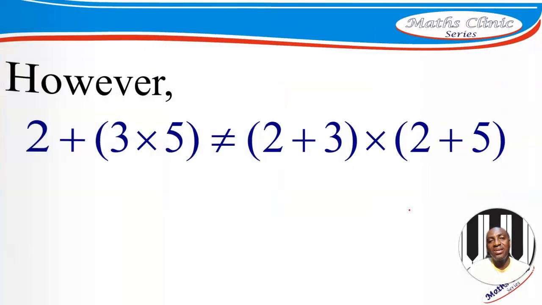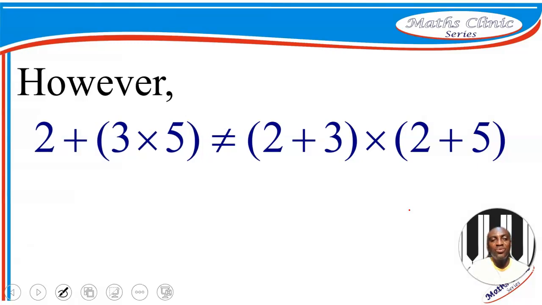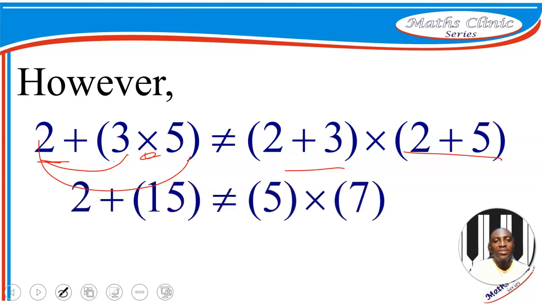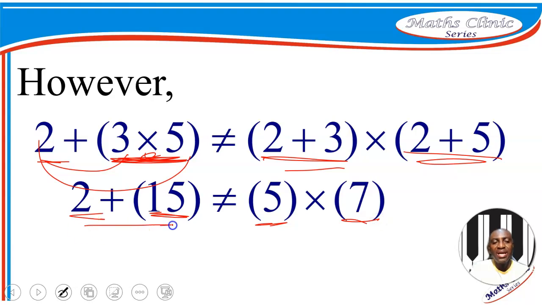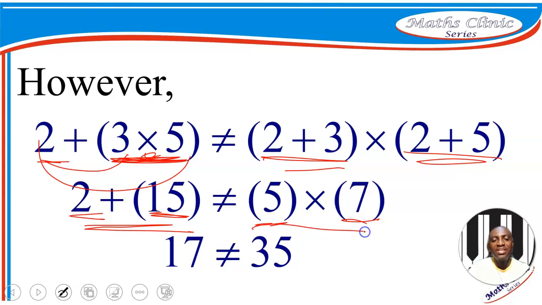In the other way around, let's see if addition can be distributive over multiplication. In that case, 2 plus 3 times 5. On the left hand side, 3 times 5 gives 15, then plus 2 gives 17. On the right hand side, 2 plus 3 is 5 and 2 plus 5 is 7, and multiplying them gives 35. 17 is not equal to 35.